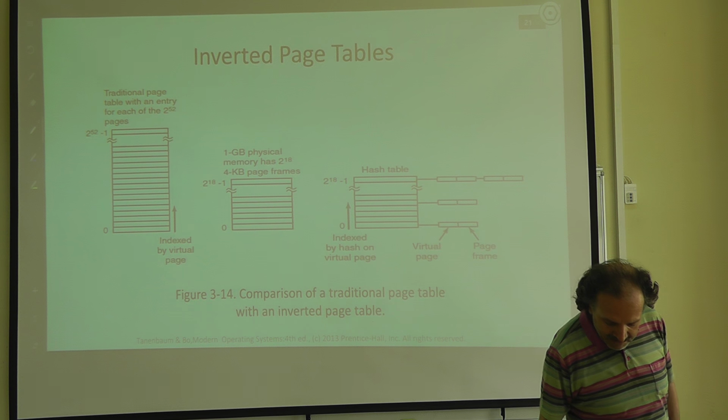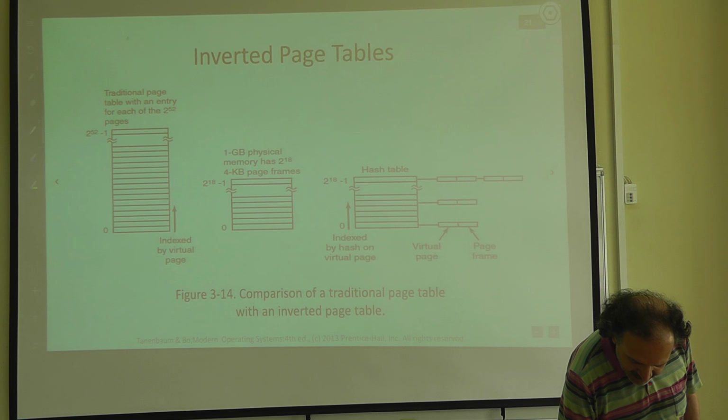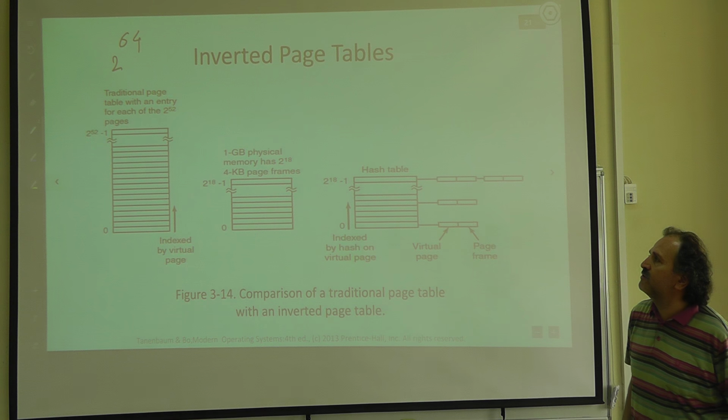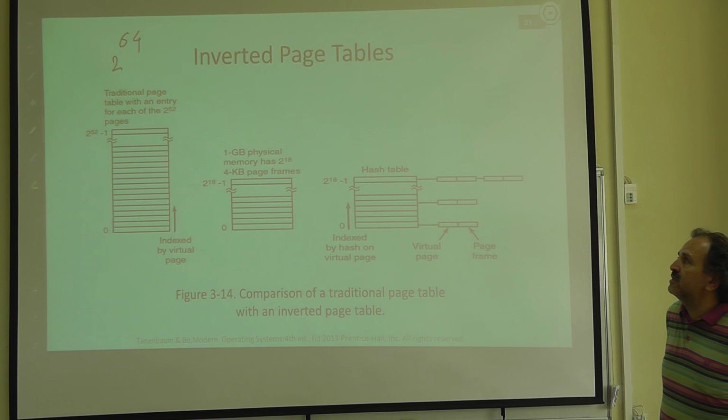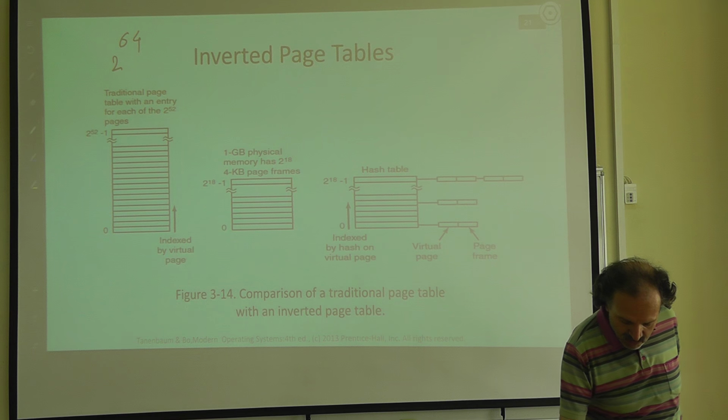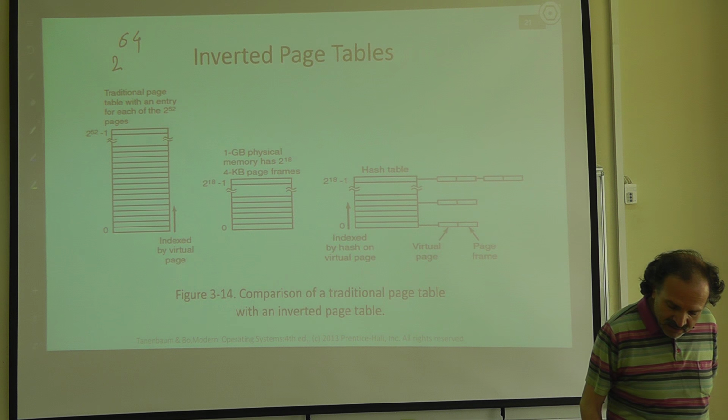So if I have 64-bit addresses, then I can address a space of 2 to the power 64. And it is possible with today's computers because we have 64-bit CPUs, right? So the address space is very, very large. If I use a traditional page lookup table, this would be its size. Why?